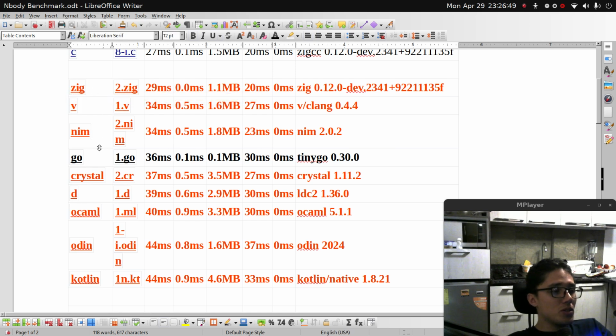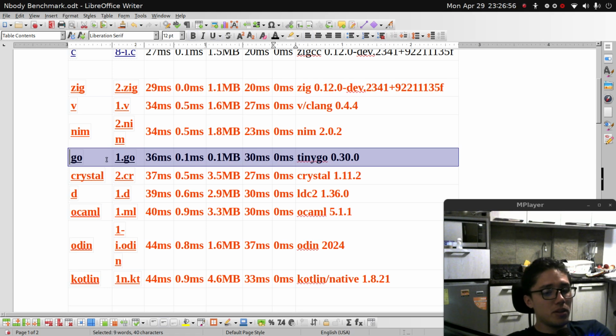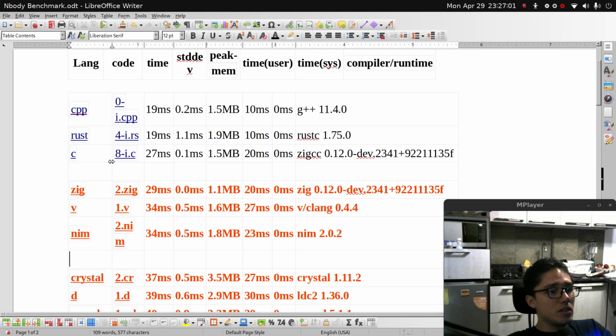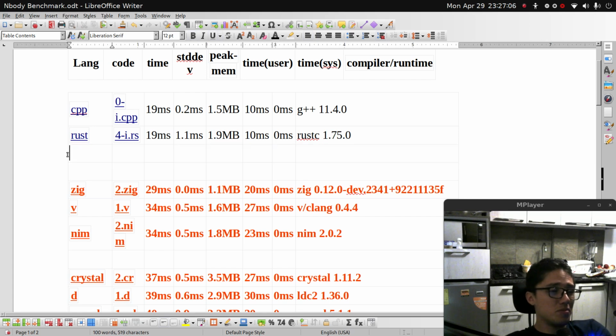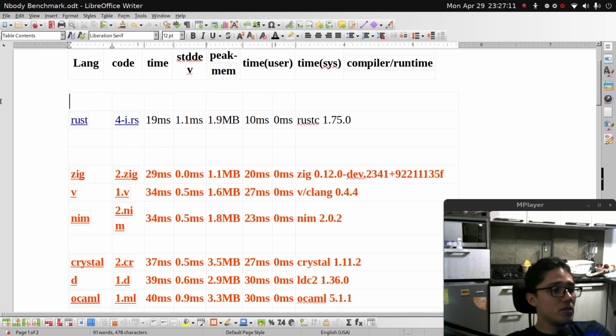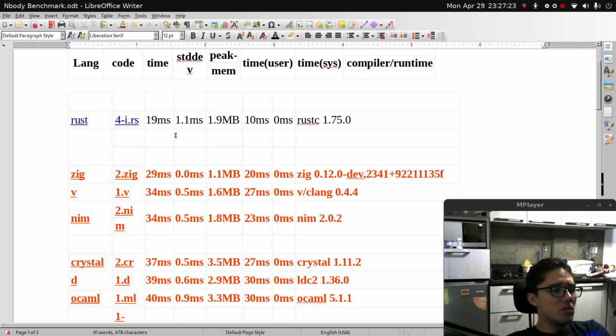So which one should I choose? Well, I'll have to test them. But I think I will really delete Go from here just because it uses too much memory. I think I will delete C because it's unsafe, too unsafe. The same with C++, hard to write and unsafe. So then we have Rust. You would say, okay, Rust. Why not Rust? As far as I know, Rust is too complicated.